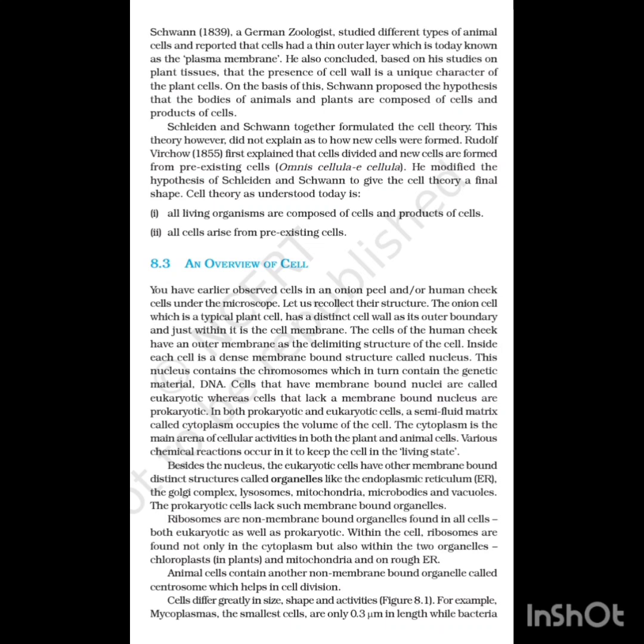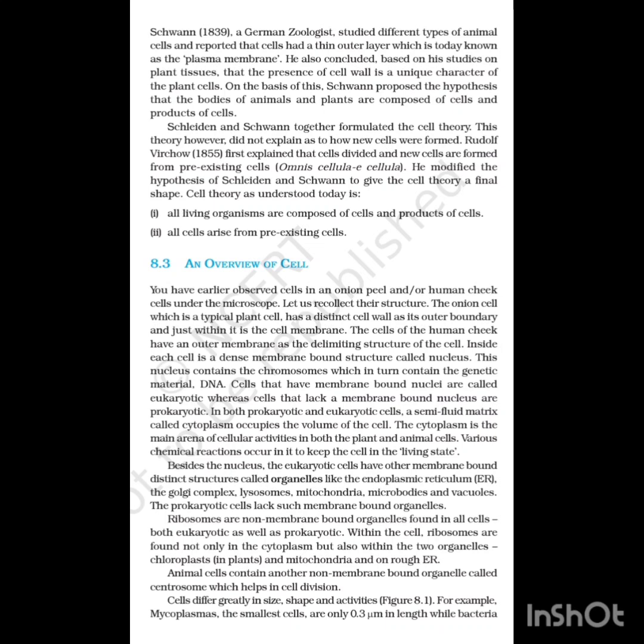Ribosomes are non-membrane-bounded organelles found in all cells, both eukaryotic and prokaryotic. Within the cell, ribosomes are found not only in the cytoplasm but also within two organelles, chloroplasts in plants and mitochondria, and on rough endoplasmic reticulum. Animal cells contain another non-membrane-bounded organelle called the centrosome, which helps in cell division.